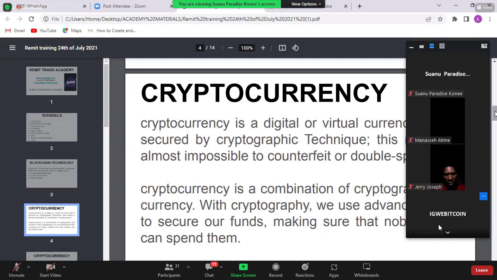So cryptocurrency is a combination of cryptography and currency. With cryptography, we use advanced math to secure our funds, making sure that nobody else can spend them. That is what cryptocurrency is.